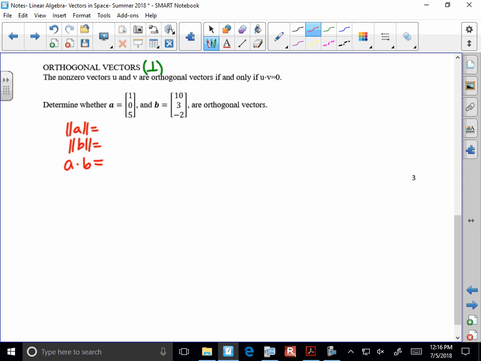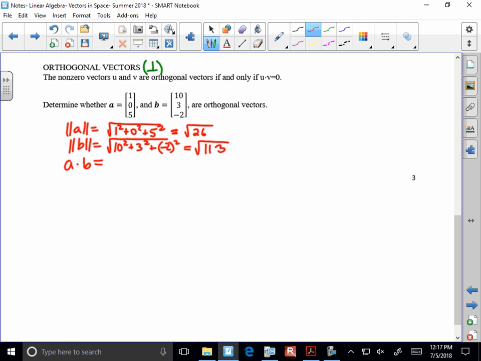All right. So magnitude of A, 1 squared plus 0 squared plus 5 squared. Root 26. Magnitude of B, 10 squared plus 3 squared plus negative 2 squared. 100 plus 9 plus 4. 113.